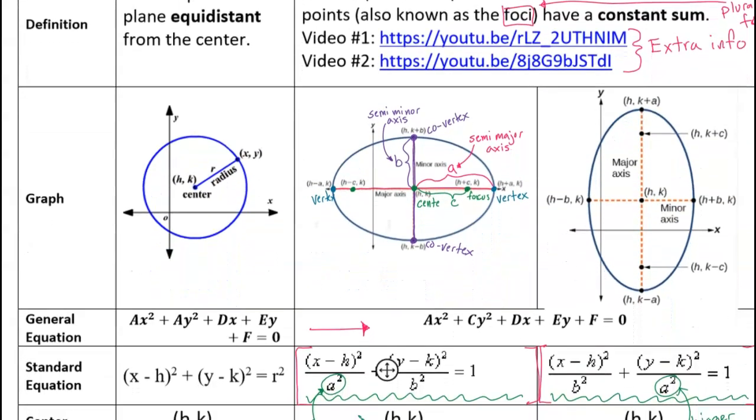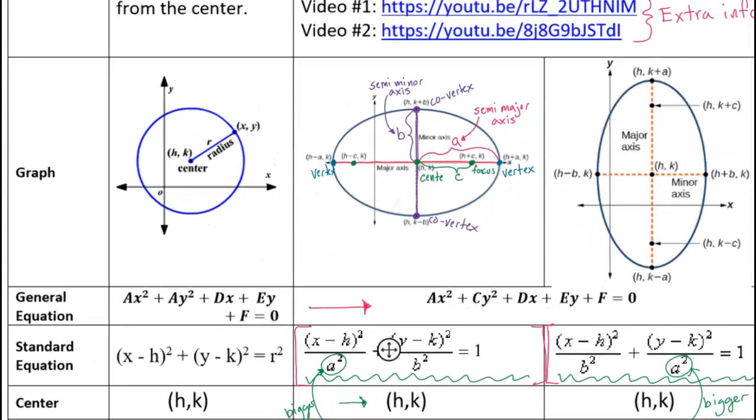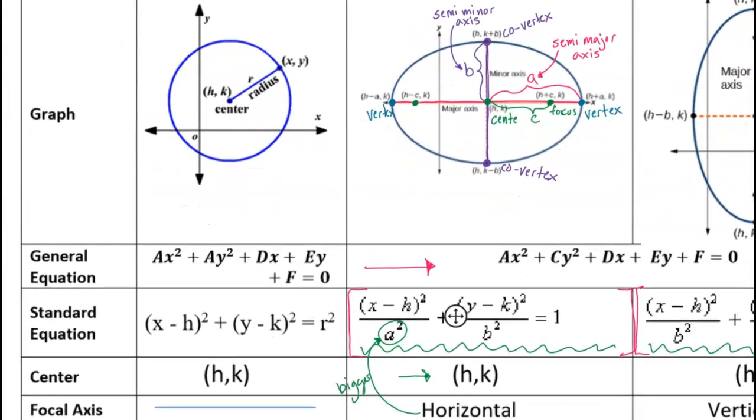Now, we have two equations for a circle. We have the general equation, which, if we're looking at a quadratic, is kind of like the ax squared plus bx plus c formula.